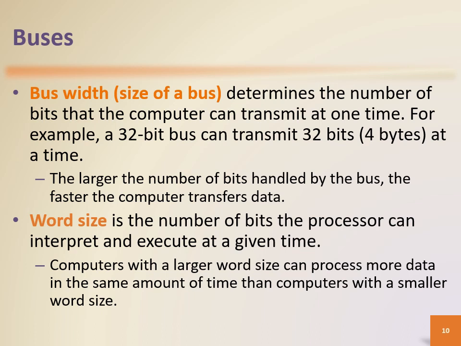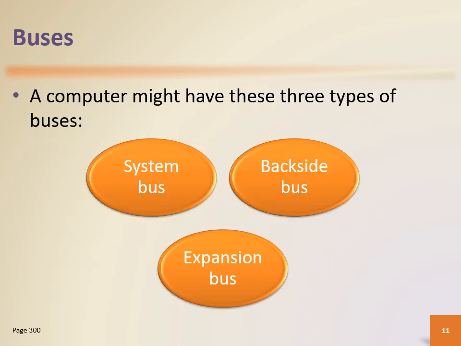And then every bus also has a clock speed, just like your processor has a clock speed. That is measured in hertz. The higher the clock speed, the faster the transmission of data, which will result in programs running very fast. A computer might have three types of buses: a system bus, a backside bus, and an expansion bus.